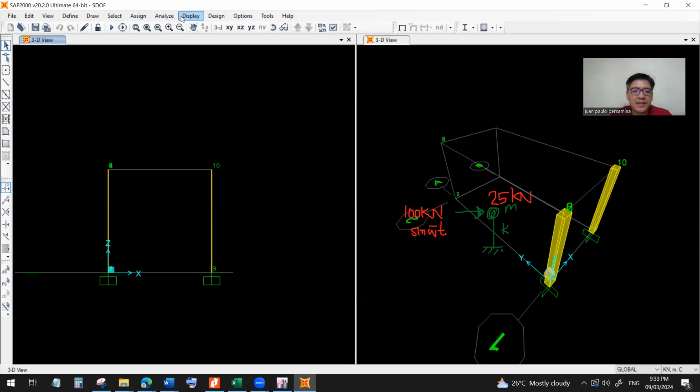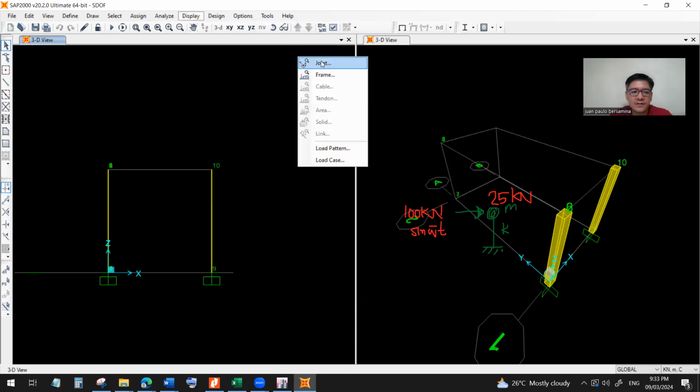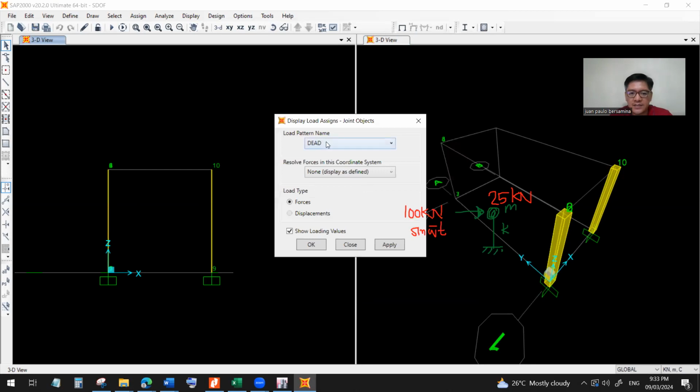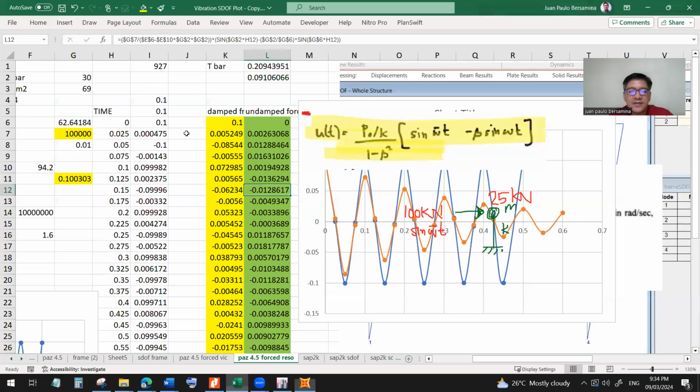How about the mass? 25 kilonewton. Display natin yung object load assignment sa joint. Okay, sa dead load. Ayan, so yun nga, it's a 25 kilonewton. Meaning, this will produce a 0.1 second period. So the omega bar is 62.64.